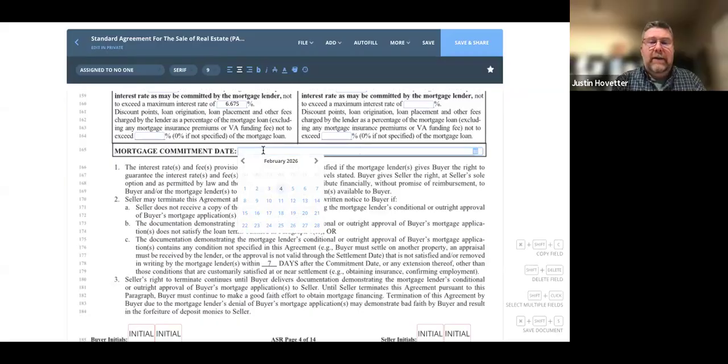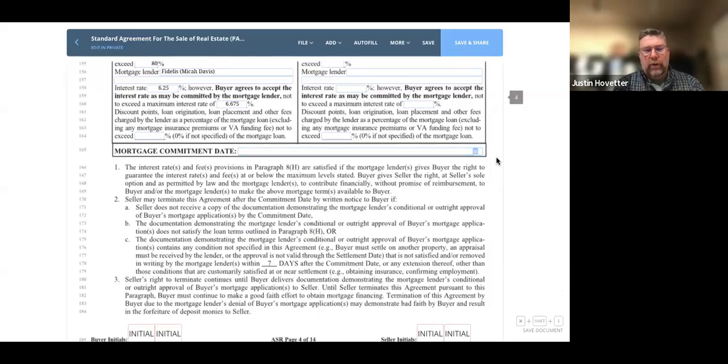Mortgage commitment is the letter that comes out that says we're committing to lend you X amount of money under these terms on this date, and here are the conditions that are yet to be satisfied. And there's usually 3 sections.